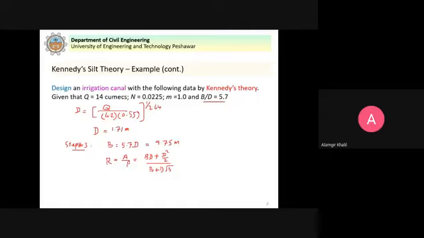This is for side slope half to 1. So now if you put the values, R comes out to be 1.34 meter.